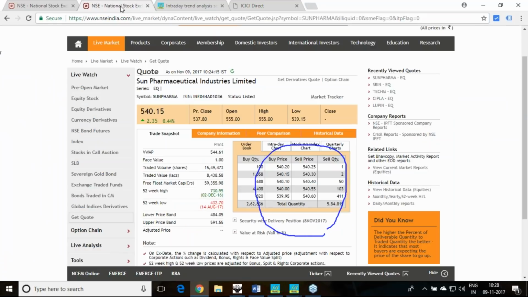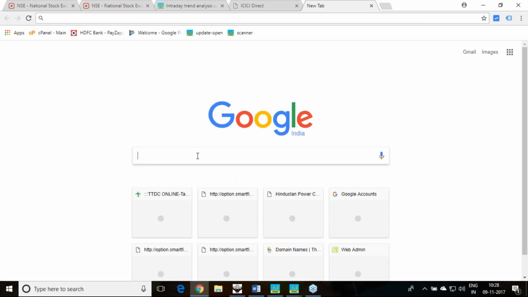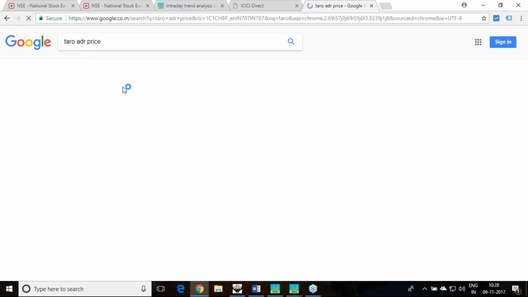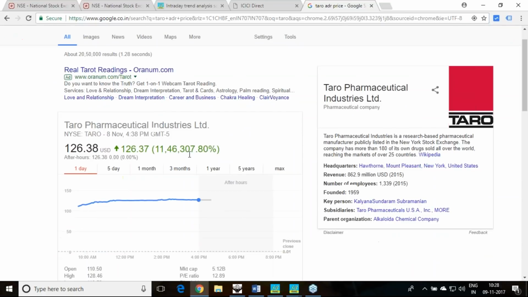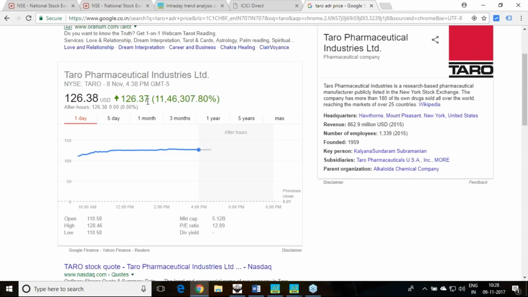So a lot of buzz is going on in that. It has a subsidiary called Taro Pharmaceuticals. This has given a great result, and post result it has had a great movement also. If you look at the Taro Pharmaceuticals ADR price, it is a subsidiary of Sun Pharmaceuticals. Post results it has given a great move, almost 11%.